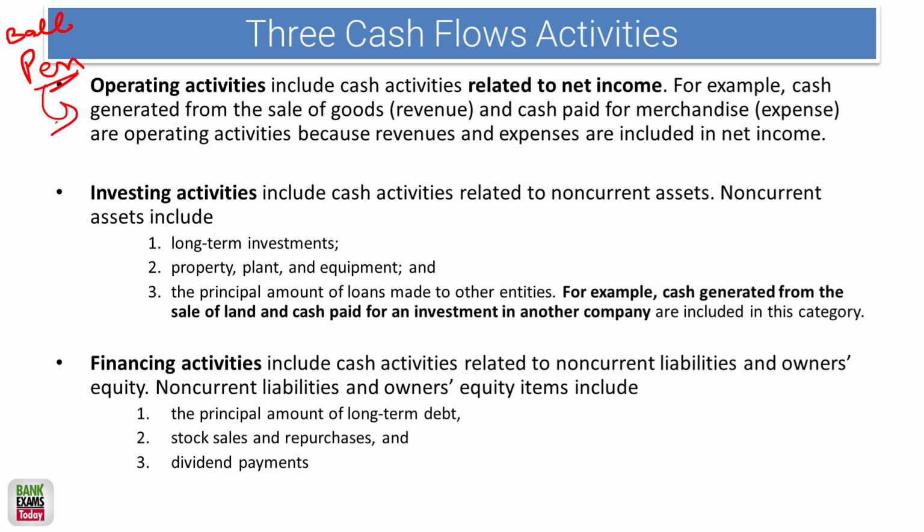Purchase of raw material, purchase of plastic, paying of labor, all that is an operating activity. You are paying your labor, paying carriage inward, and getting money from your debtors, from your customers. They are buying the ball pens. So that is operating activity.